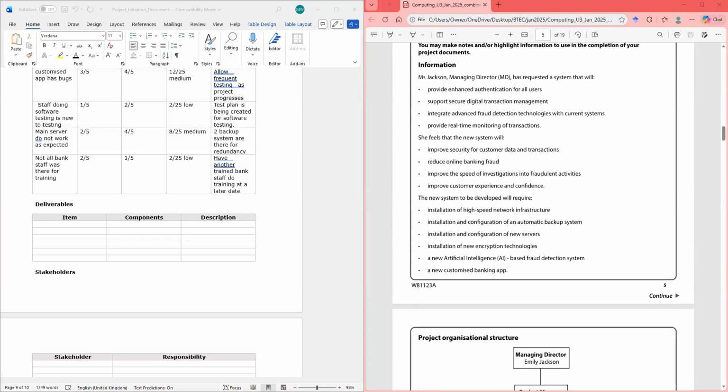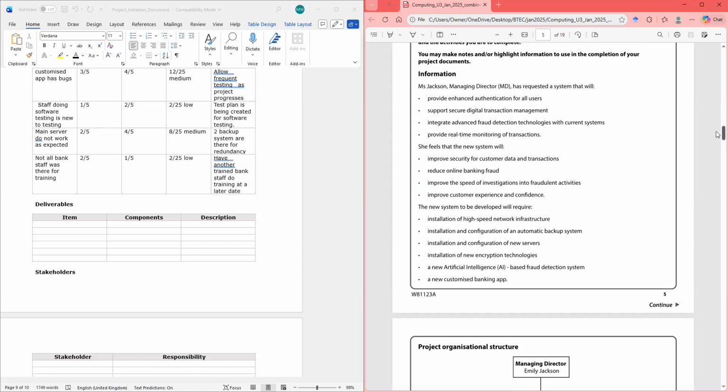Just copy and paste all the deliverables. Thing is moving a bit slow. This is our deliverables here.